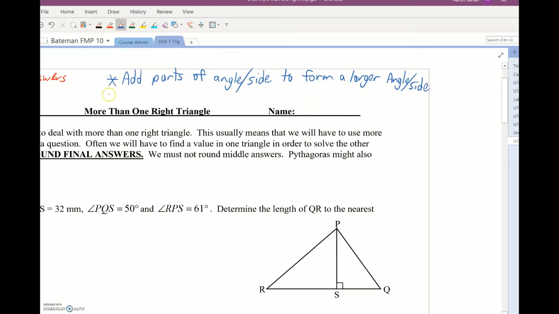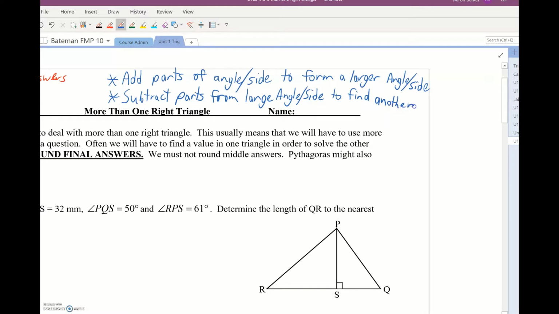And the reverse is also true, right? You're going to have to subtract parts from a larger angle or side to find the smaller piece, to find another piece.